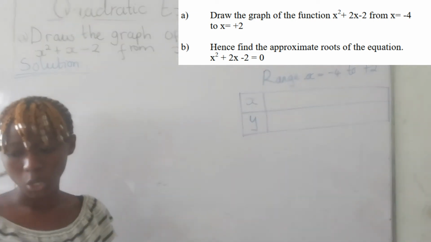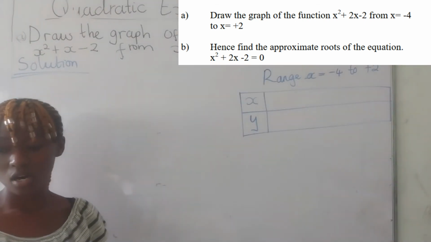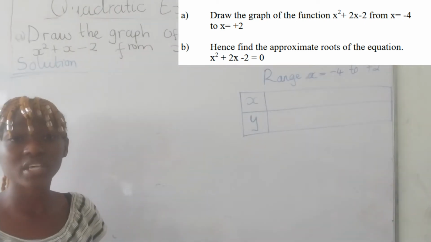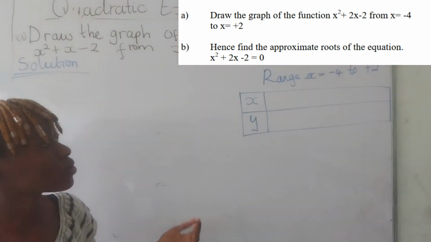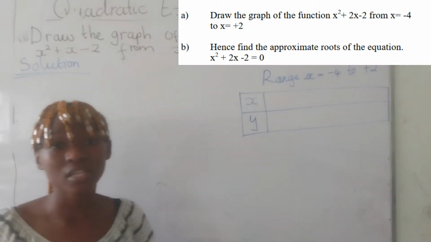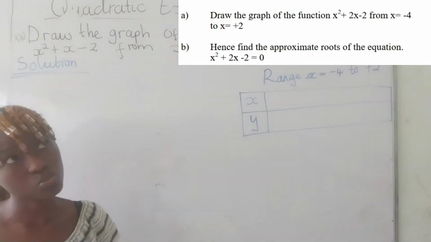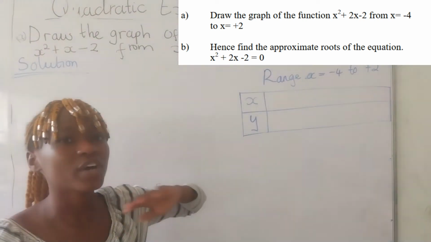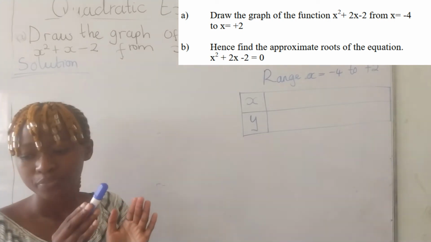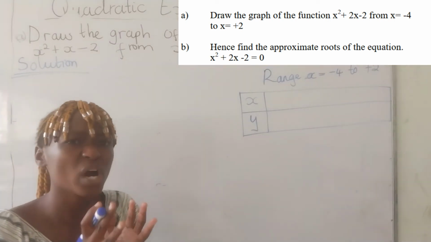So in this case, you just determine the scale that you want to use, whether you want a scale of 1: minus 4, minus 3, minus 2, minus 1. But you have to make it a bit longer so that your graph will not be squashed.